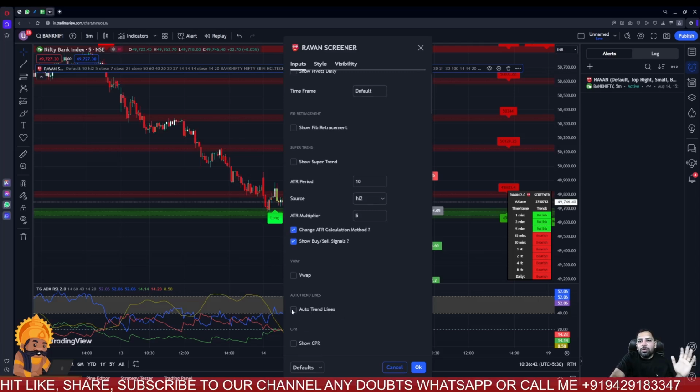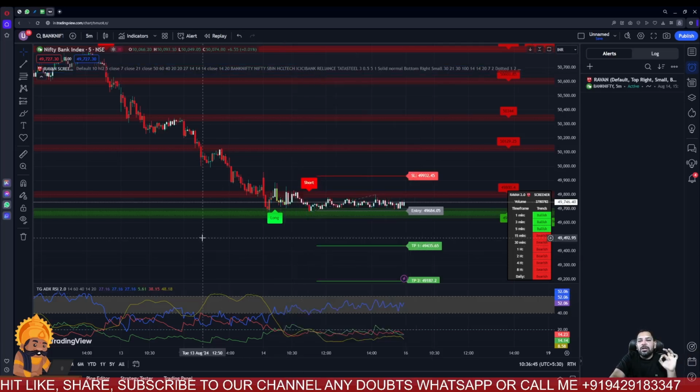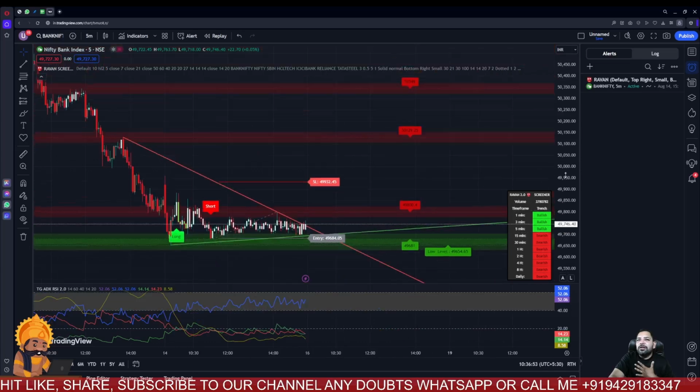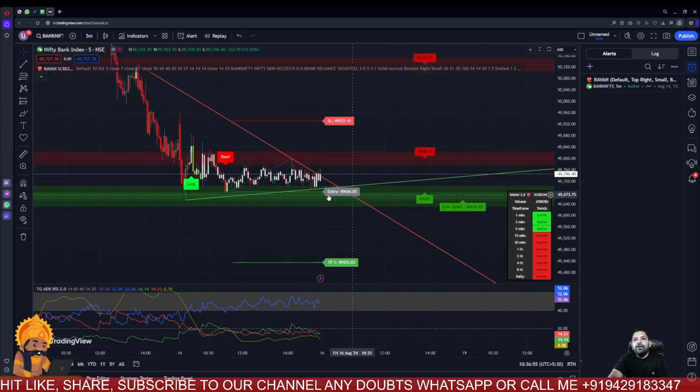Next is auto trend lines. This is the most, I believe, a successful indicator that easily plots the support resistance trend levels. You can see this green line indicates the support. You can see it has got support as well. Here it has given the support and here it has given the support.